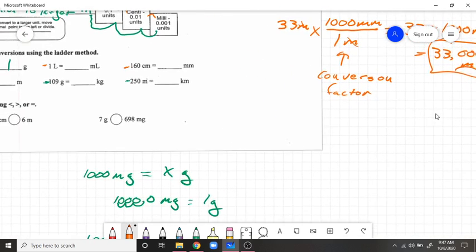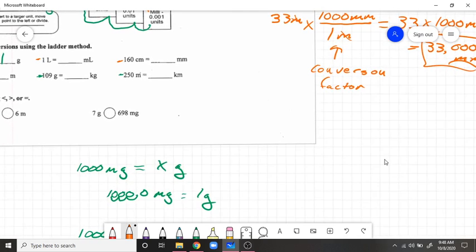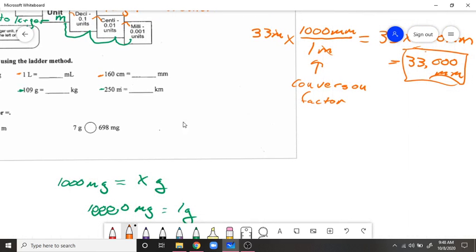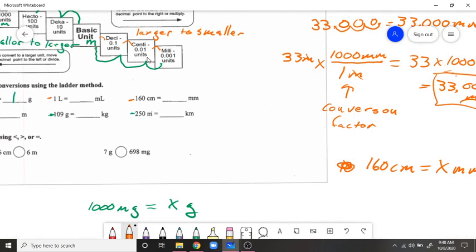Let's do one of these examples. We have 160, well, I can't write today. We have 160 centimeters. And the question is, how many millimeters? Well, here is our centimeters. Here is our millimeters.